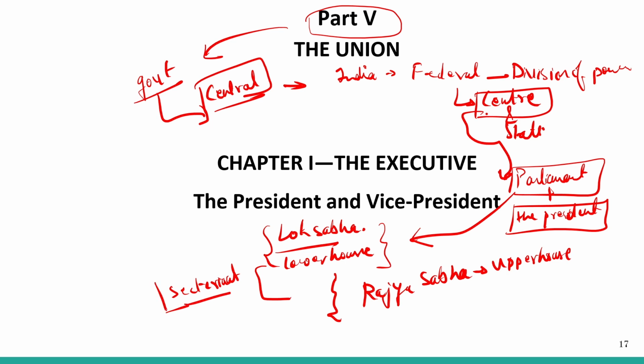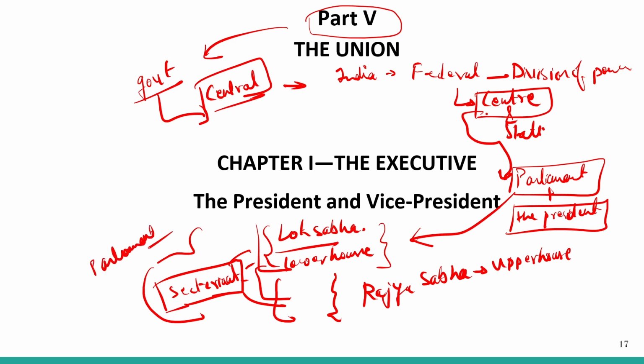Secretariat is the one which is going to take care of all the administrative functions which are going to happen under the Lok Sabha and the Rajya Sabha, and all these three combined, they form the parliament. All this information which I'm providing you is mentioned under chapter 1, that is the executives.